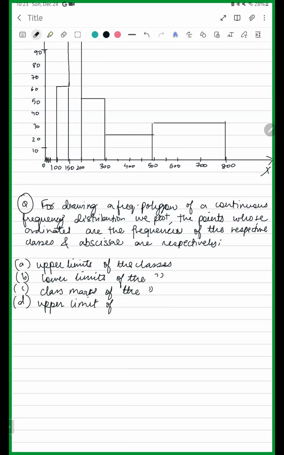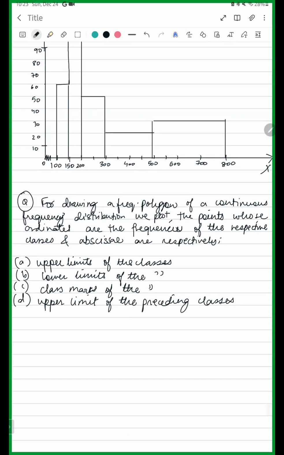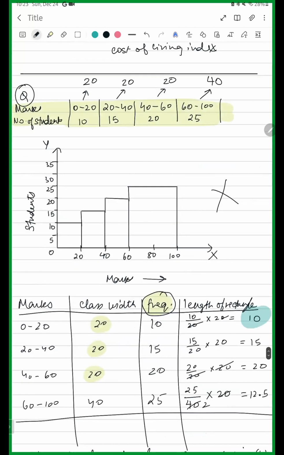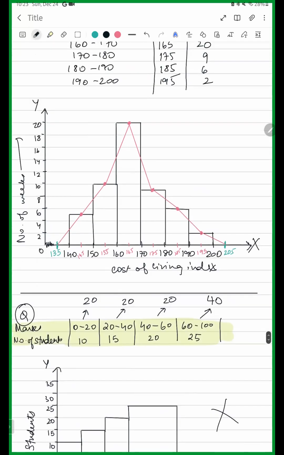Which one will it be? Preceding means previous, the previous class. What does this question mean? The question is saying that for drawing a frequency polygon of a continuous frequency distribution, we plot the points whose ordinates, for example, look at this point.